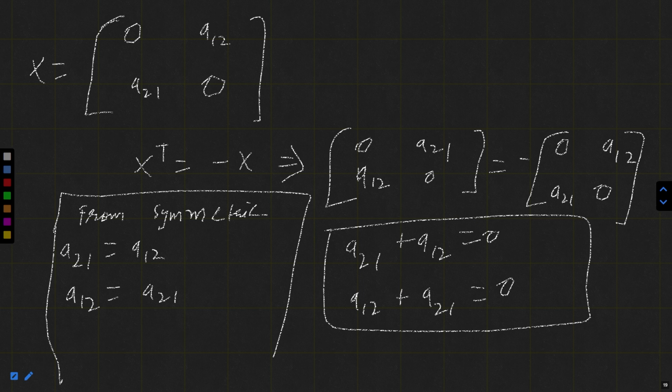So a21 is the same as a12, and I can write the sum as twice a12, which means a12 is 0, and similarly a21 will be 0. So your X matrix will be the whole 0 matrix.